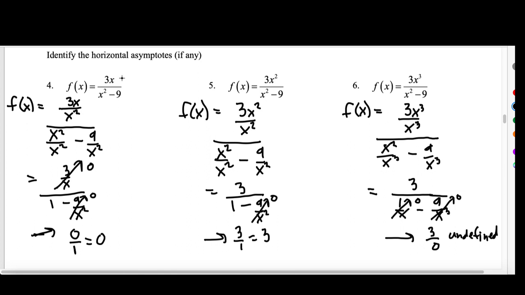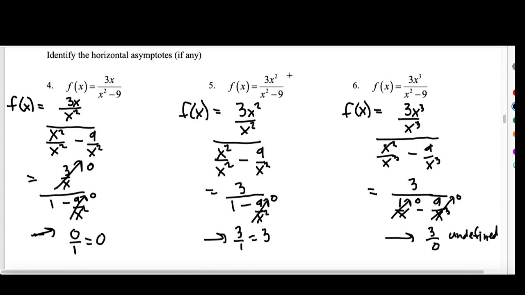So the numerator is of a smaller degree than the denominator. And the result of that is that the x-axis was the horizontal asymptote. That will always be the case for any rational function where the numerator is of a smaller degree than the denominator. The x-axis will be the horizontal asymptote.